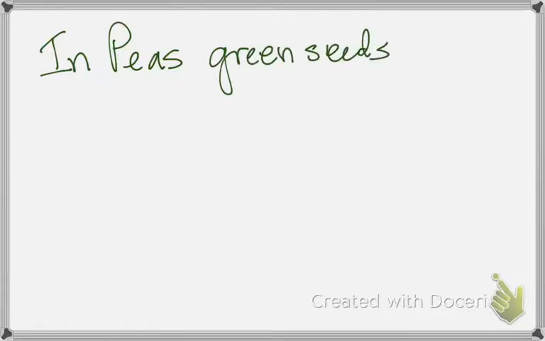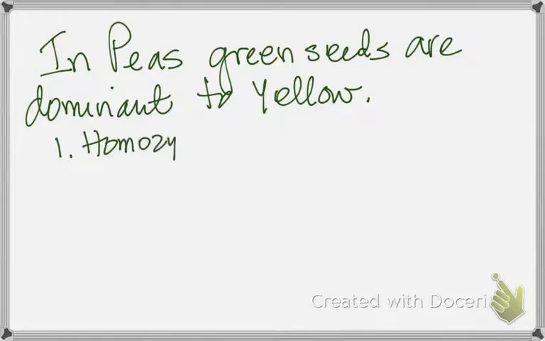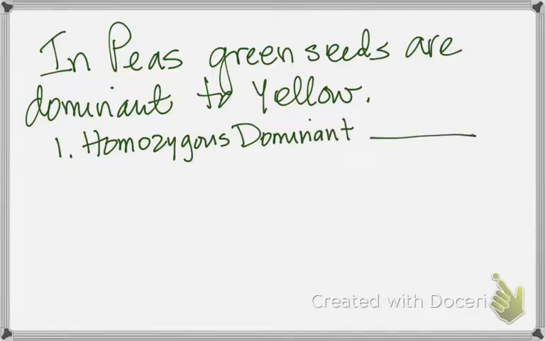So in peas, green seeds are dominant to yellow. Okay? I would first like you to write down the homozygous dominant genotype.